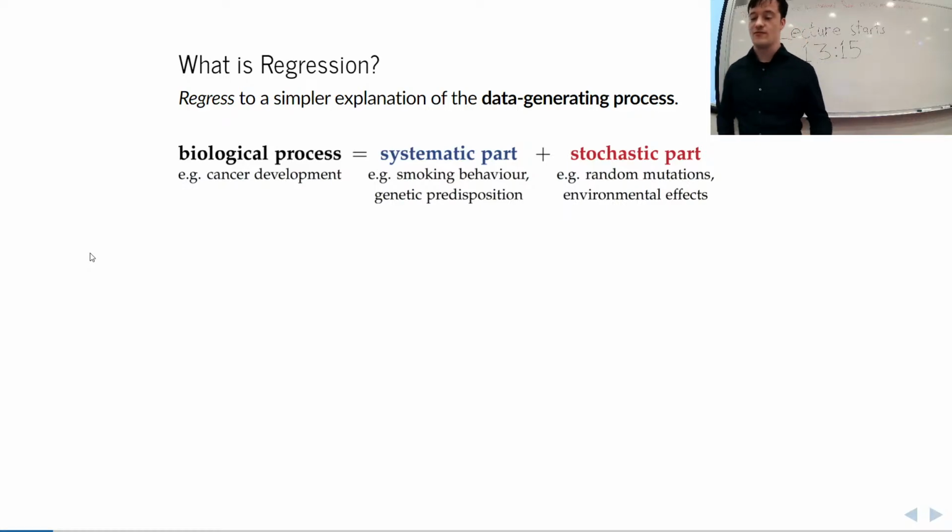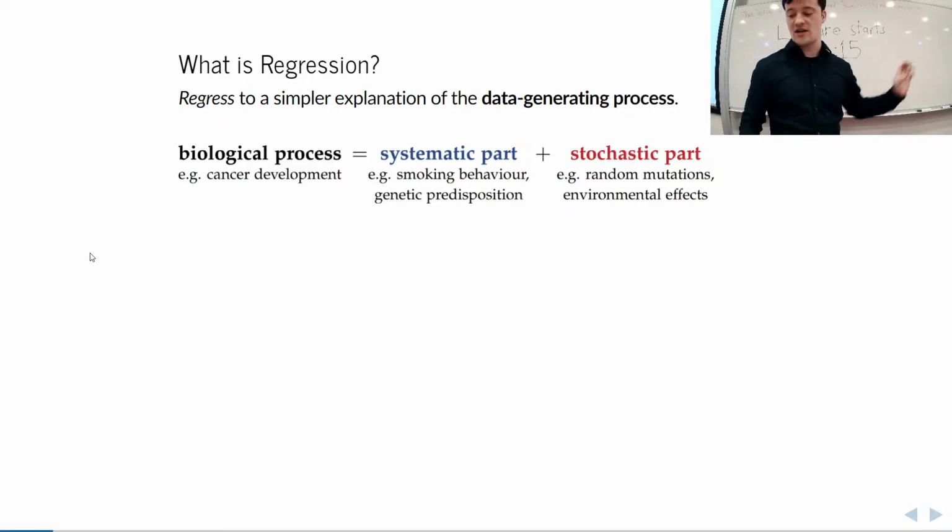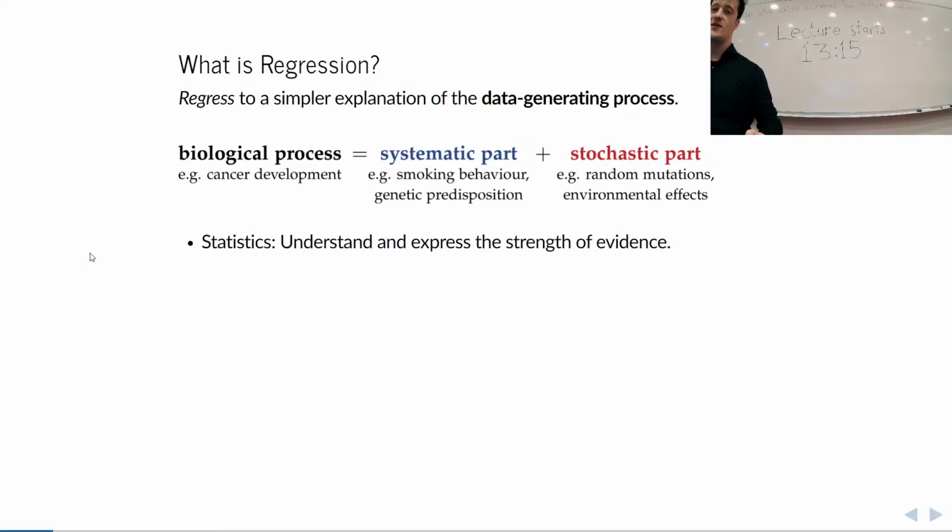And this is an influence on the result. So someone may deviate from the model without that really having any meaning. Other environmental effects. So it's really important to understand that regression is about extracting that systematic part, and that the stochastic part is what we make all the assumptions about.